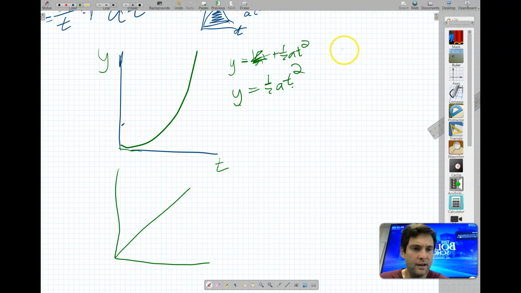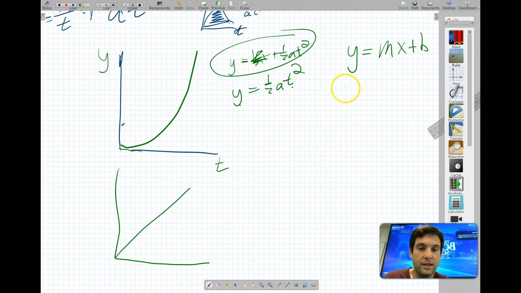right now we're going to use our straight line equation, y equals mx plus b. Our original equation, let's see if we can get this. Y equals, we want acceleration to be our m, so we have 1/2 a. On the x-axis, we should plot t squared, and our y-intercept will be our initial velocity times time.